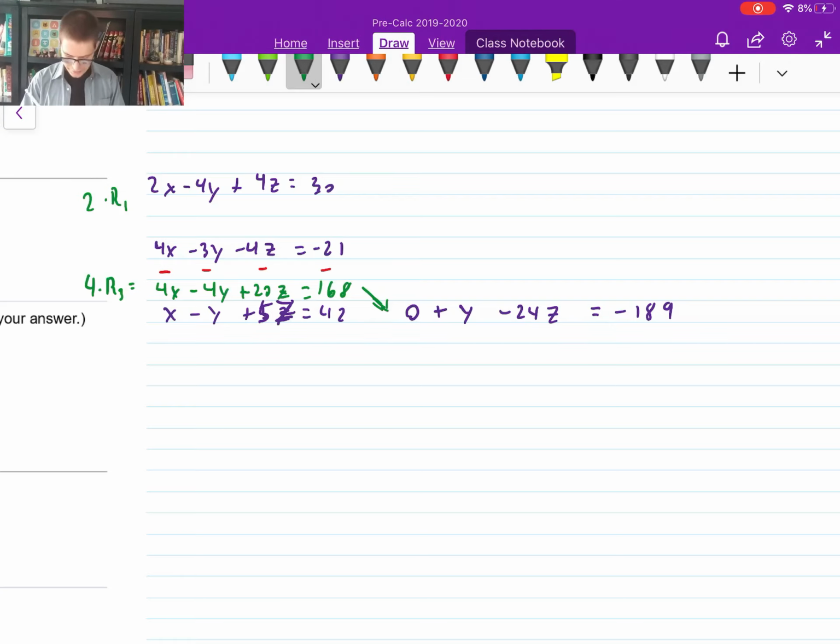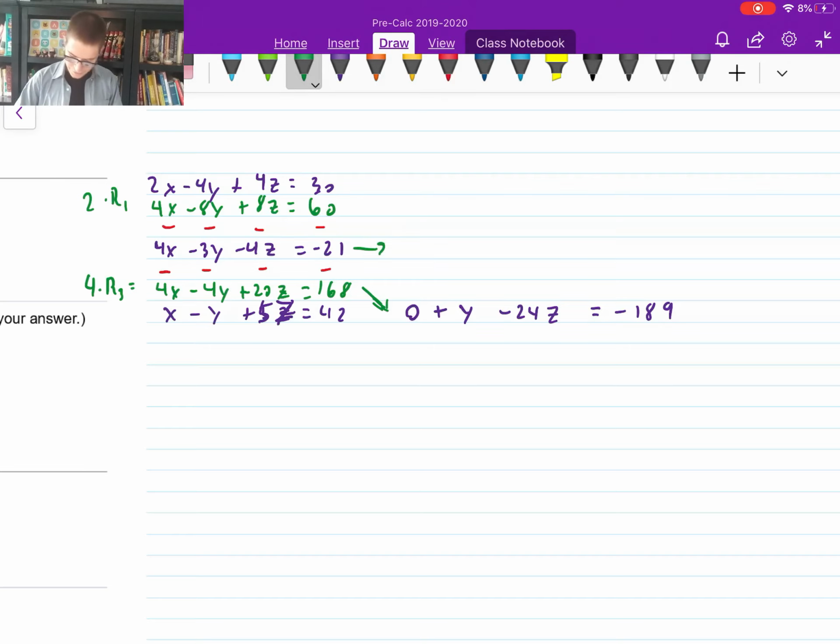So 2 times row 1 is 4x minus 8y plus 8z equals 60. And now I'm going to subtract that from both sides. I'll take that result and put it right here in the middle. Let me make that arrow smaller so things can line up better.